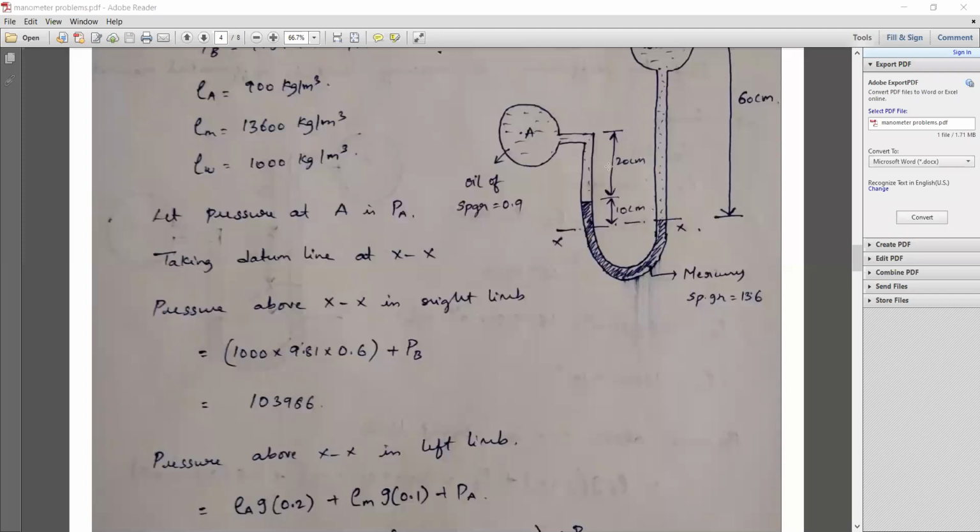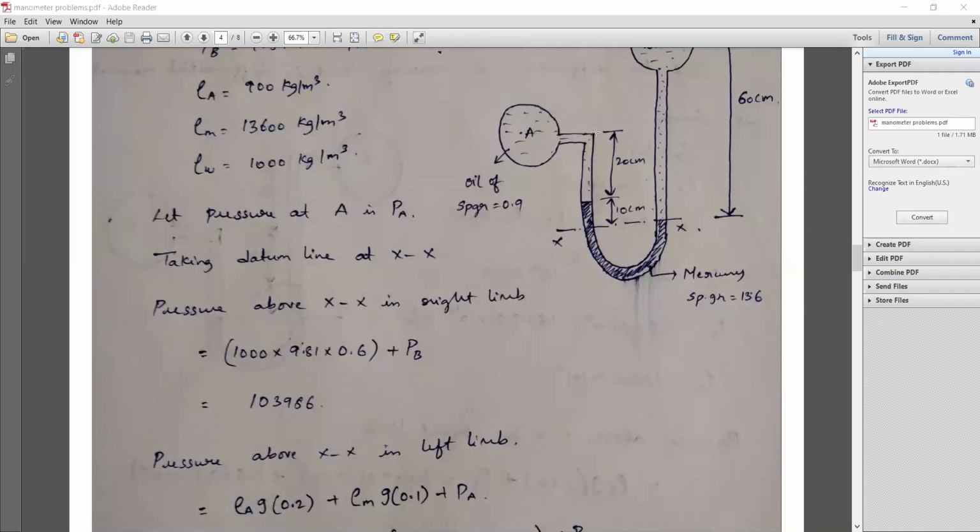Convert it into meters, 0.2 meter. So rho A into G into 0.2 meter, plus for mercury, the next fluid, this 10 centimeter height. Mercury's density is rho M. So rho M into G into 10 centimeters, which is 0.1 meter, so into 0.1.